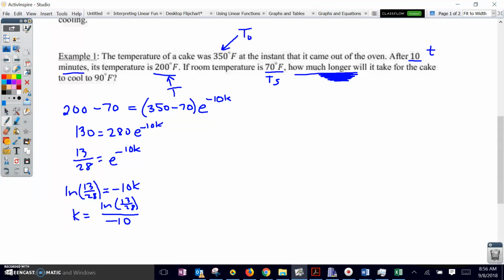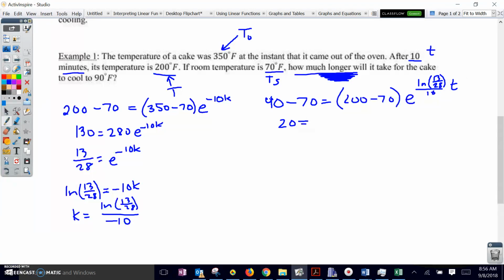So I'm going to set up my model here. We want it to cool to 90 degrees. So 90 minus 70 is going to be equal to 200 minus 70 times e to the negative kt. So it's going to be e to the natural log of 13 over 28 divided by 10 t.